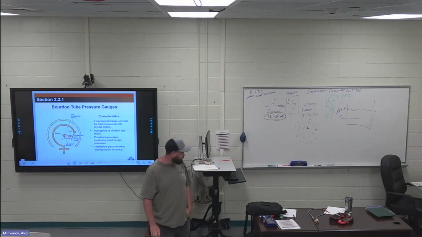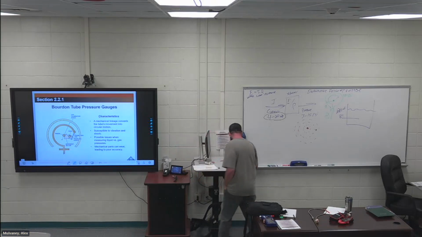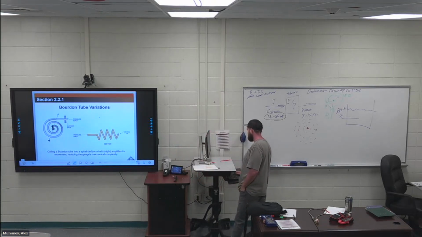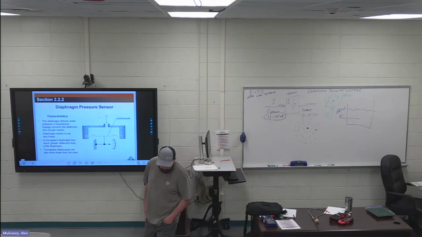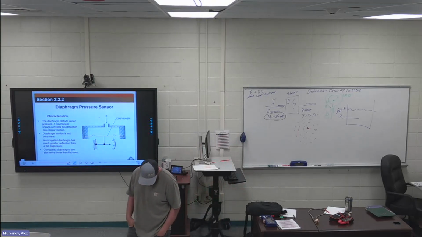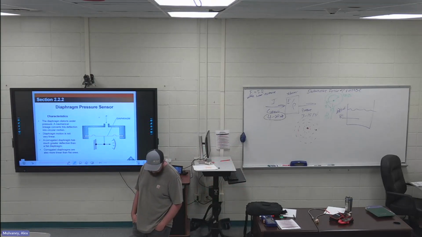Diaphragm pressure gauge, 222. Last paragraph on page 21, first sentence. The distortion of the diaphragm under pressure is transmitted to the gauge dial by a linkage connected to the center of the diaphragm.